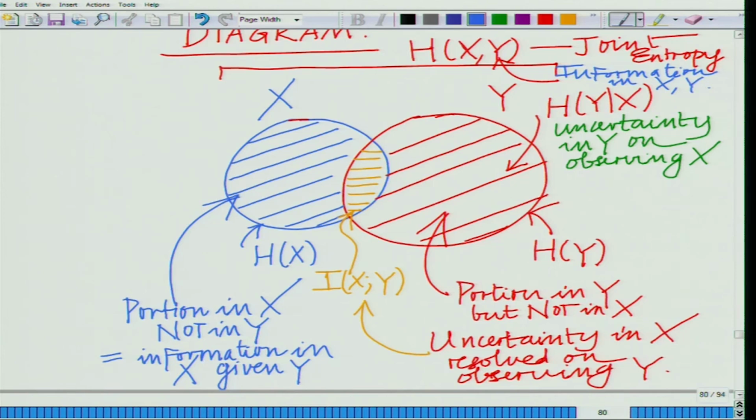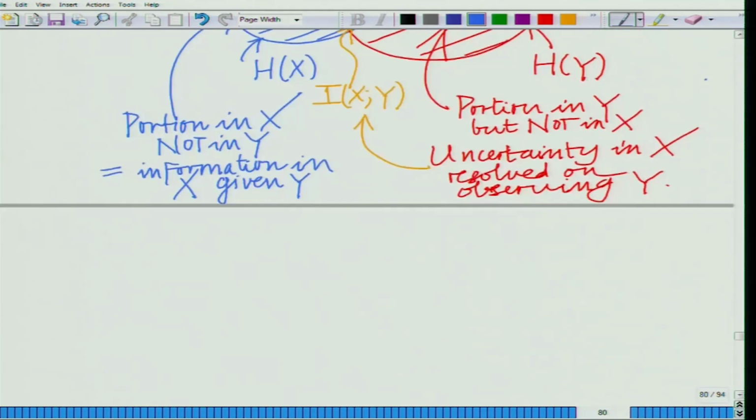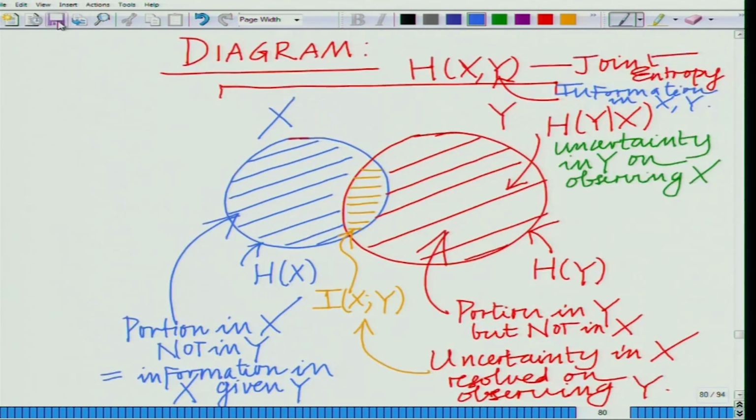This is the joint entropy. And if you observe this figure, you can see the joint entropy H(x,y) is the sum of three mutually disjoint components: H(x given y), the mutual information between x and y, and H(y given x).